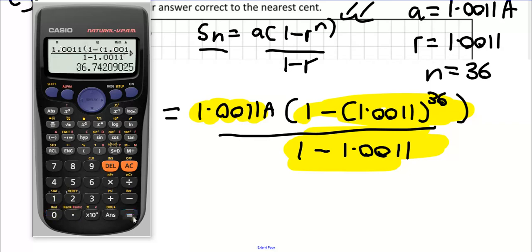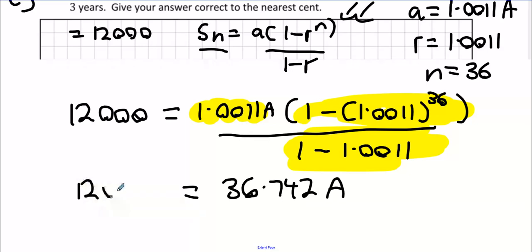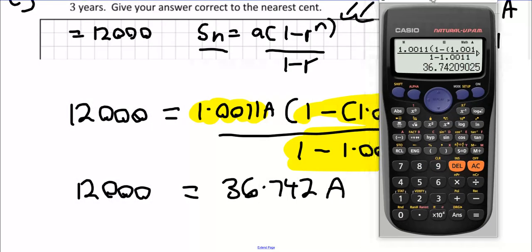You got that? 36.742, do us? 36.742. No, but we haven't done it yet. Do you get what I'm saying? We're going to divide this number into 12,000. So I wouldn't be keen just to round off just yet. Okay.